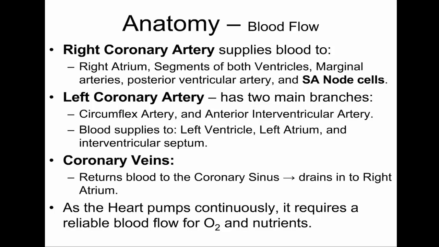The coronary veins, as I said previously, return blood, so this is deoxygenated blood, to the coronary sinus, which drains into the right atrium. And importantly, as the heart is pumping continuously, it requires a reliable flow of blood which is high in oxygen and nutrients.